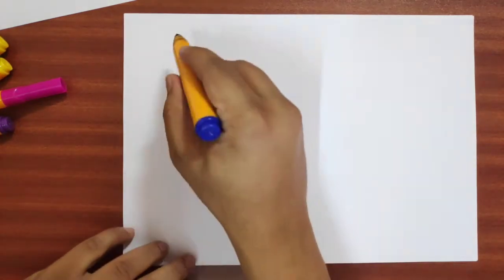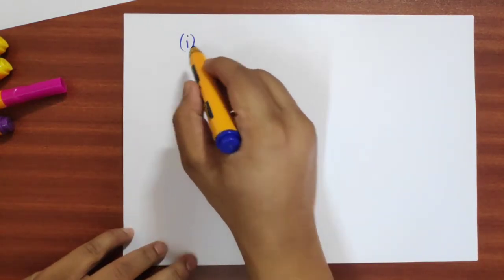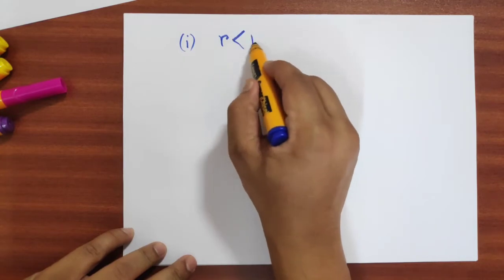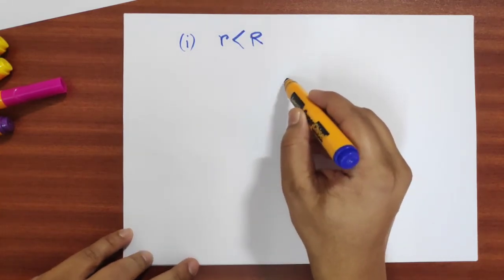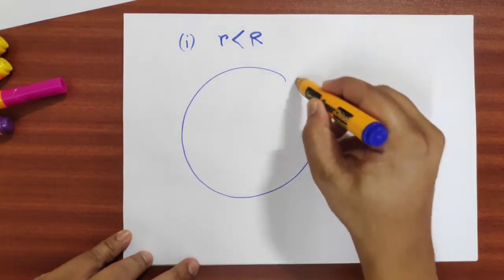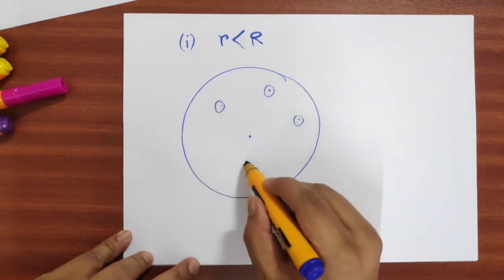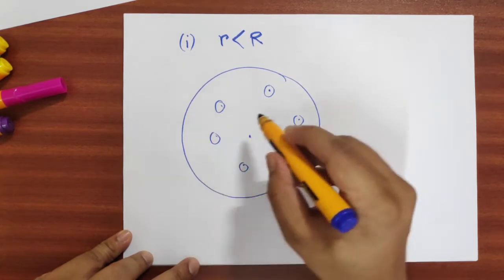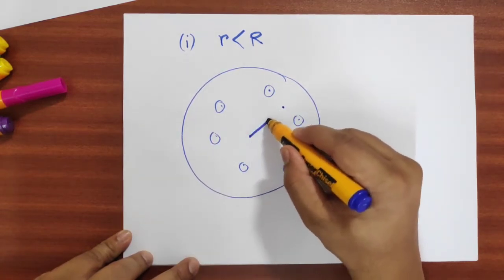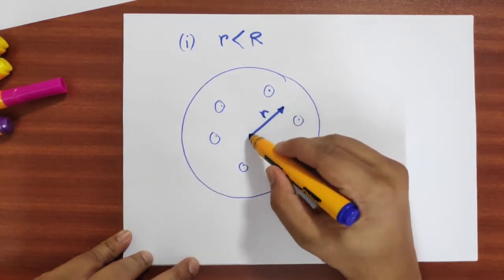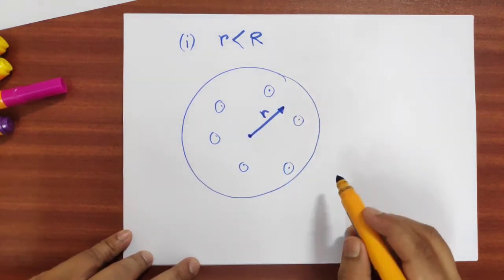Okay, so first we'll go for case 1, r less than capital R. So this is the current carrying wire, and this is the current. Now say at some distance small r from this axis, you have to find the magnetic field.